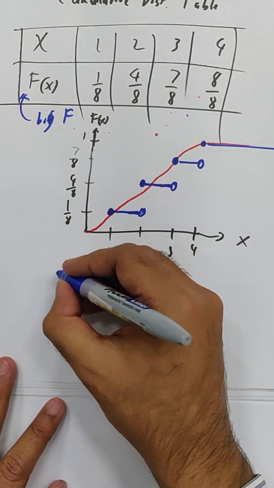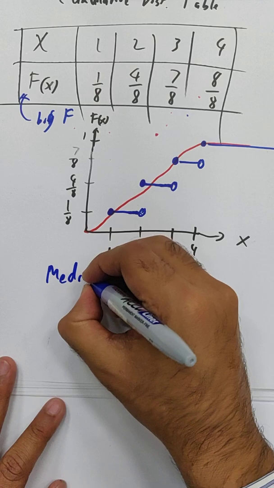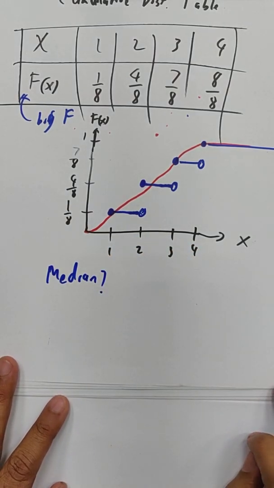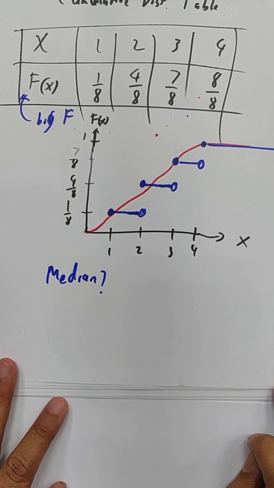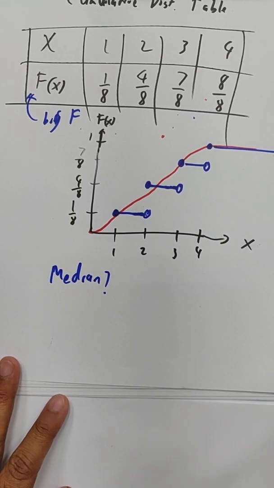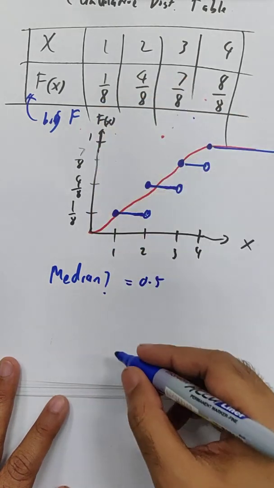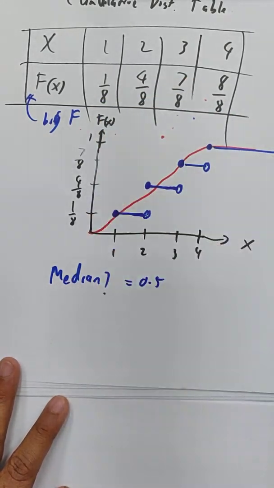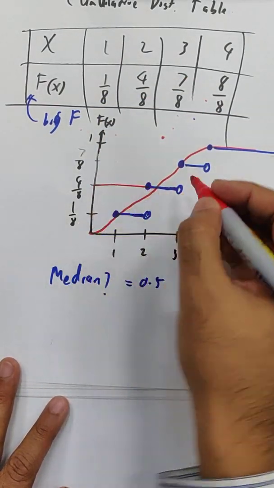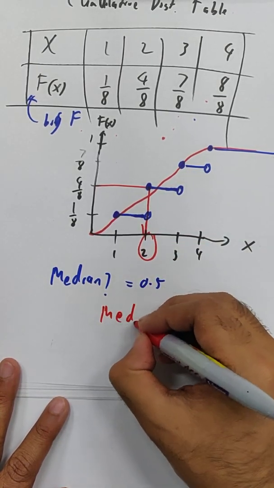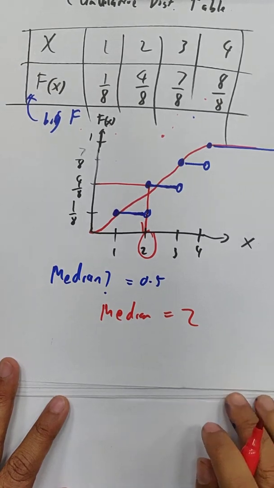Now what about the median? Median is 0.5, right? So where's the 0.5 here? It comes straight here. So the median is 2.